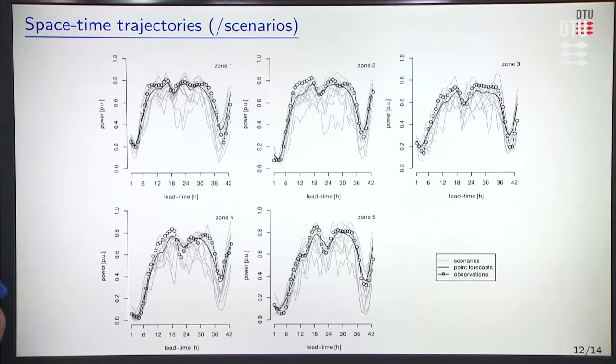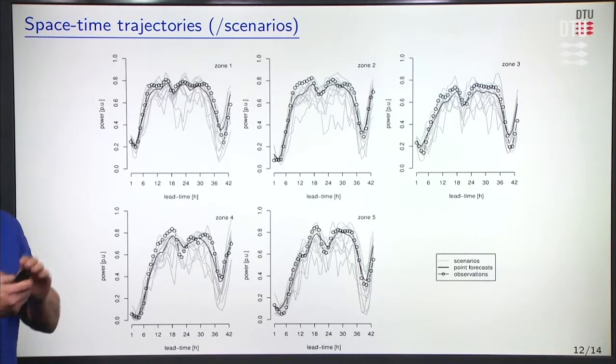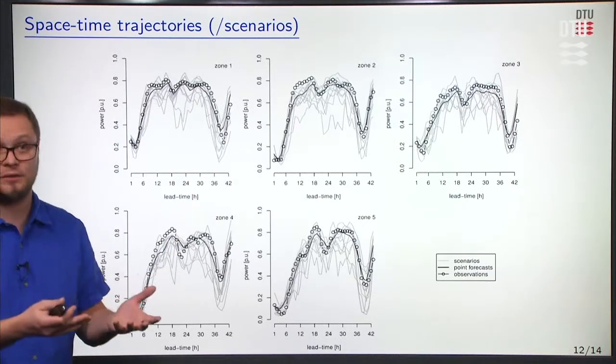Here would be some representation for the 5 areas of Denmark that we've been looking at. This is for the same period as before. Now, instead of looking at this probabilistic forecast in terms of envelopes with different type of nominal coverage rates, we have a set of scenarios that give you some alternative futures.